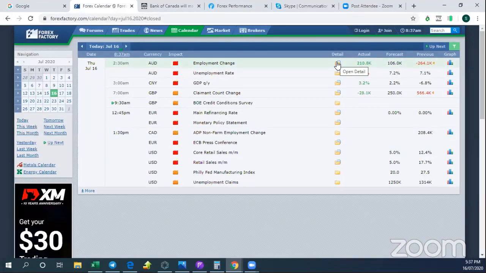And of course, it's COVID related, where I'm anticipating that most of those jobs were people re-entering the workforce after having been laid off the previous month because of COVID. Now, what that actually means, I don't know. I'm not an economist, and I don't pretend to be able to say that means the Aussie dollar is going to rally as a result, because I don't know. I've got no idea what that means.